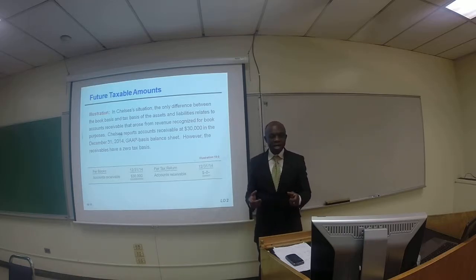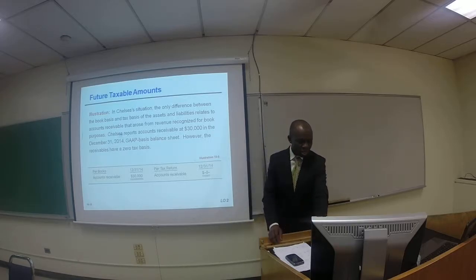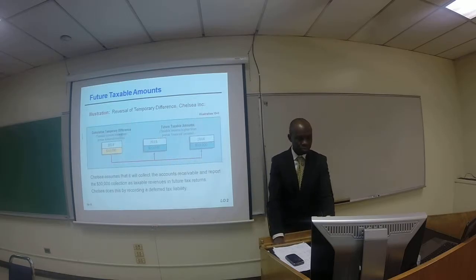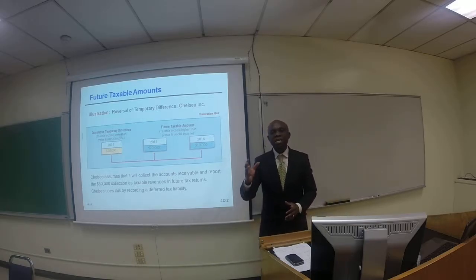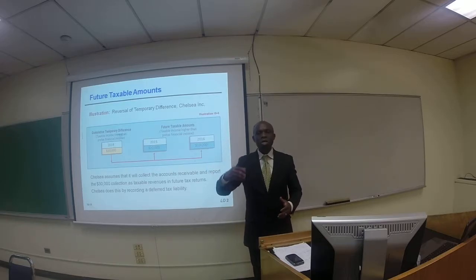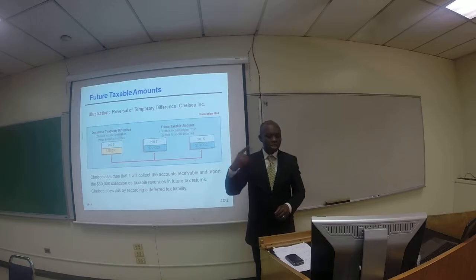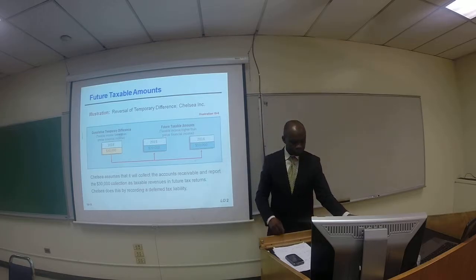So as you can see here clearly, our accounts receivable was $30,000 for GAAP purposes, but for tax, our accounts receivable was zero. So again, the assumption is that $30,000 is going to be received in the future, and when that happens, we are obligated to pay tax on that $30,000. So we call it a future taxable amount.